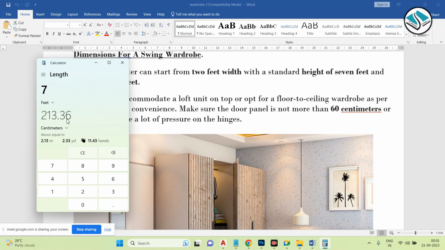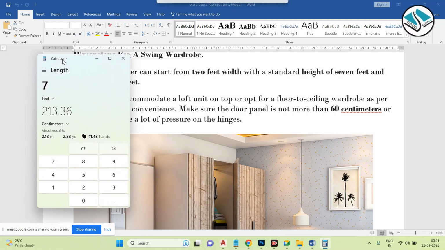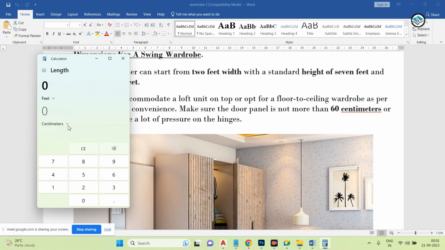But in Saudi Arabia, most wardrobe heights are 240 centimeters, up to 260, and there is also 245 and 240. I saw it like that.